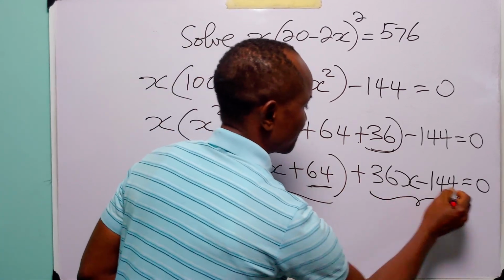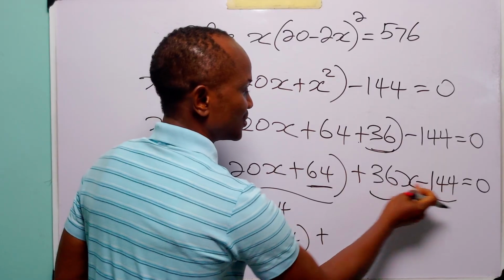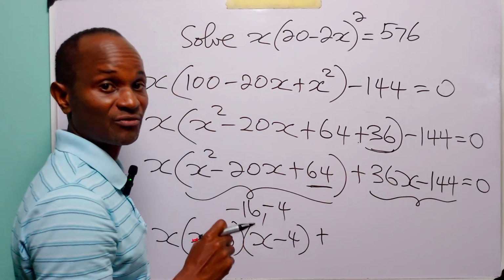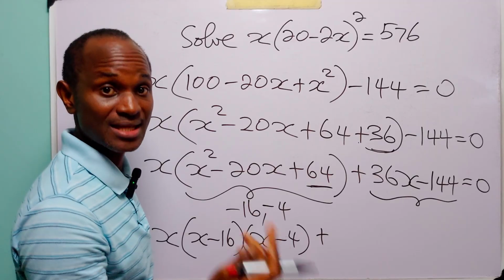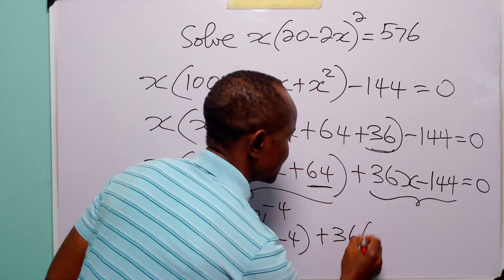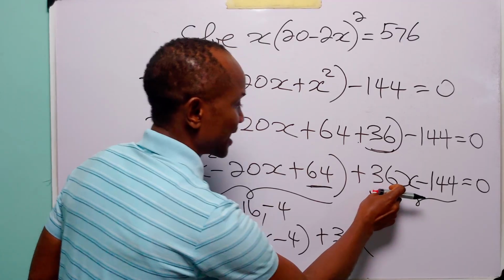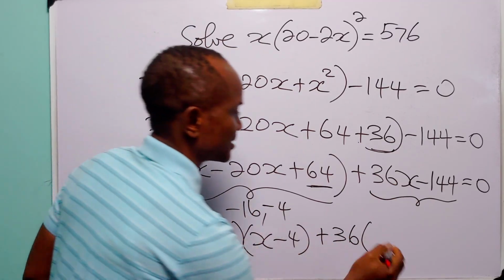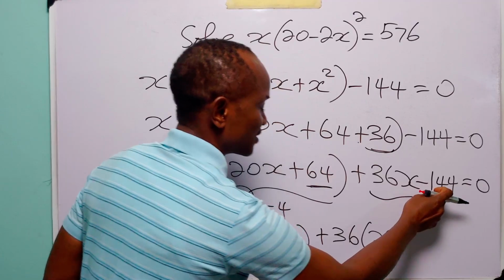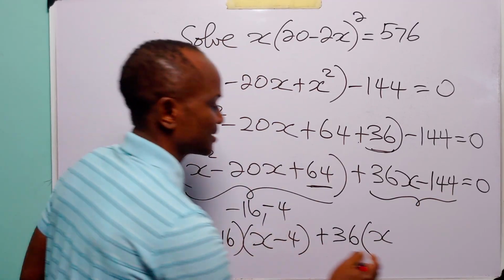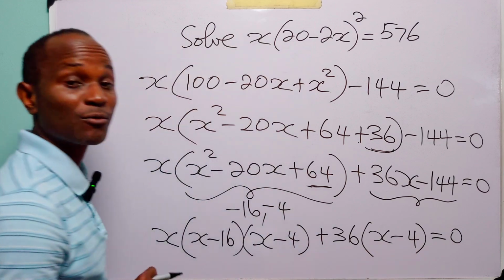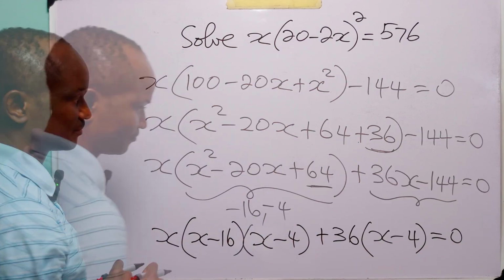Now look at this. These two terms, that is 36x and minus 144, have a common factor, which is 36. So here we have 36. 36x divided by 36 is x. And minus 144 divided by 36 is minus 4. And of course, this is still equal to 0.